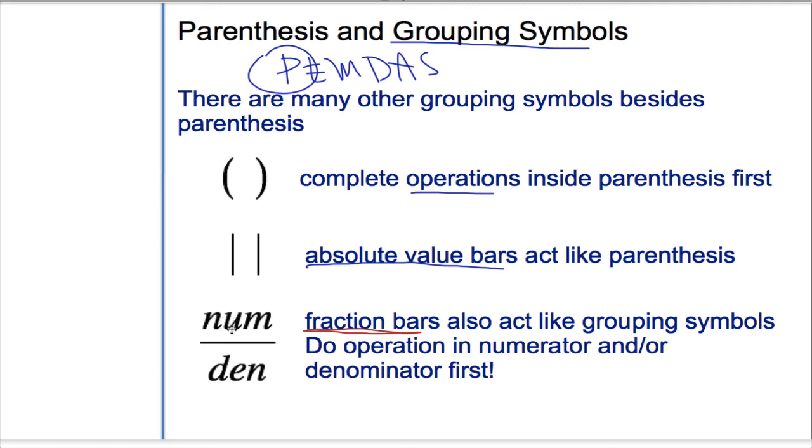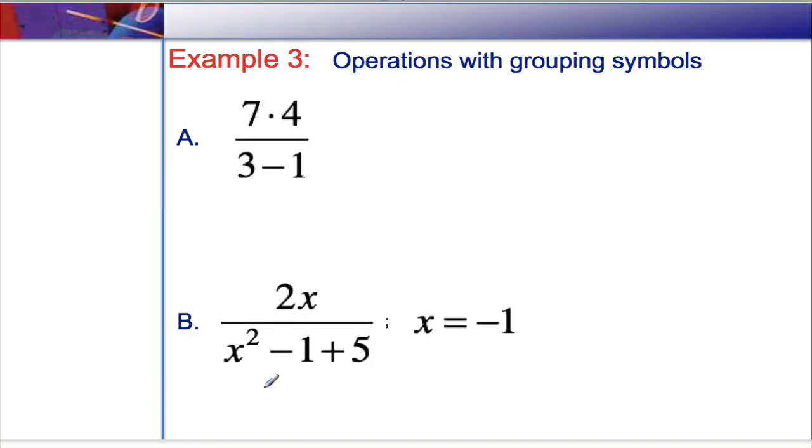So if there are any operations in the numerator, do those first. And if there are any operations in the denominator, do those first before you do the division that a fraction bar is telling you to do. So let's look at some examples. Here in part A, we have 7 times 4 divided by 3 minus 1.